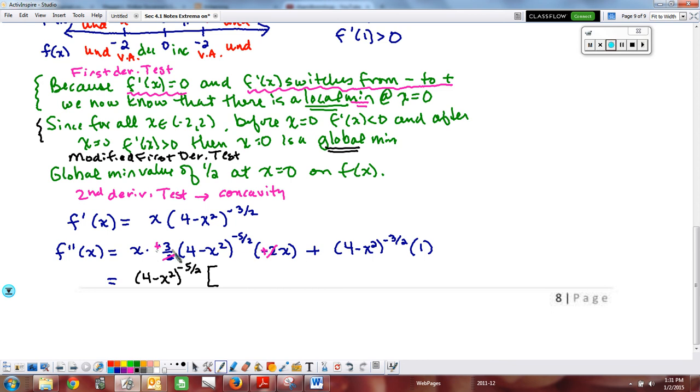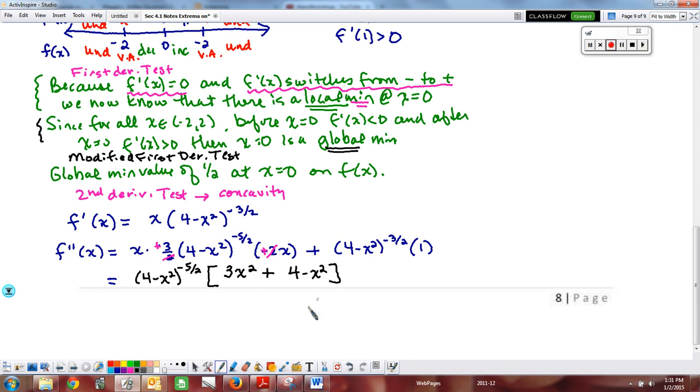In this term, you're going to be left with an x times x, so we have 3x squared, plus, and remember when you are factoring, you're dividing, so you're subtracting your exponents: -3/2 minus -5/2, which is -3/2 plus 5/2, gives me (4 minus x squared) to the 2/2, which is 1.